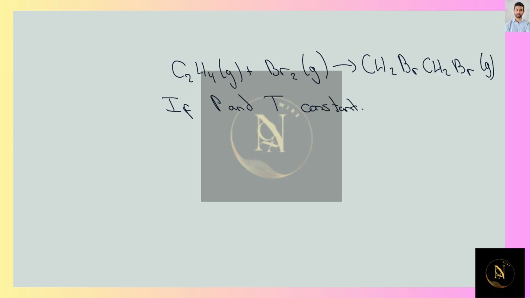Okay, so the way to do it is employing our useful PV equals nRT and knowing how much moles should be generated on one side and on the other. So let's look at before the reaction.